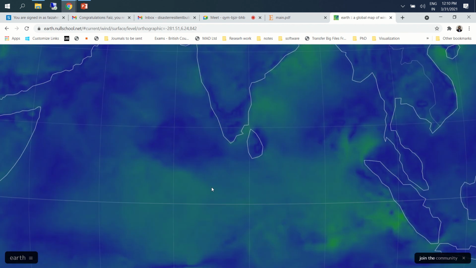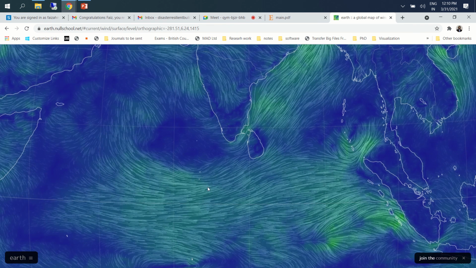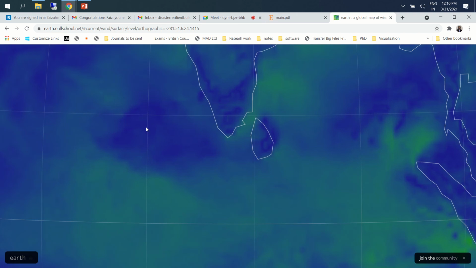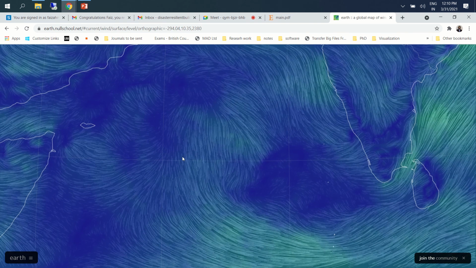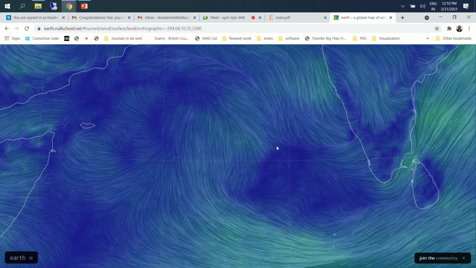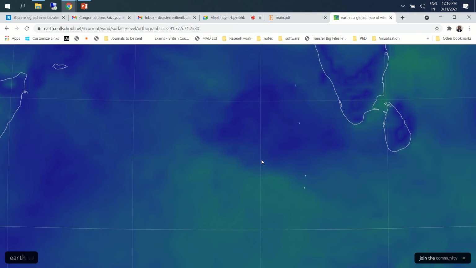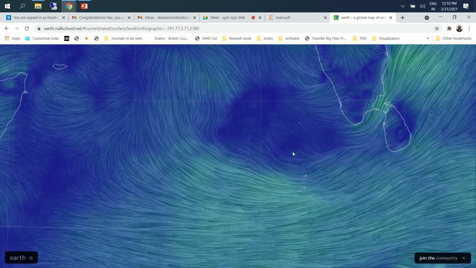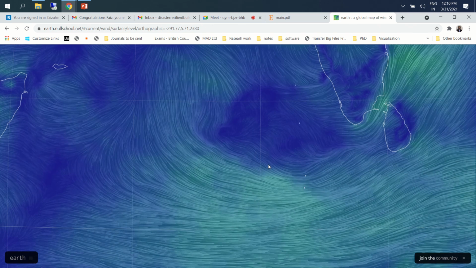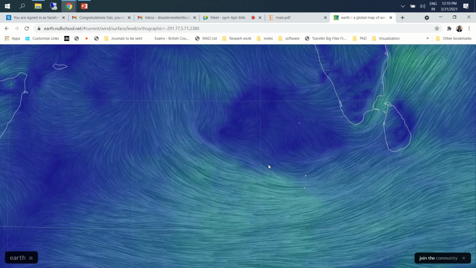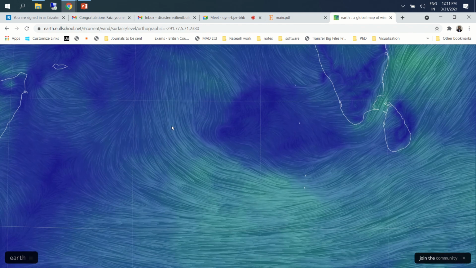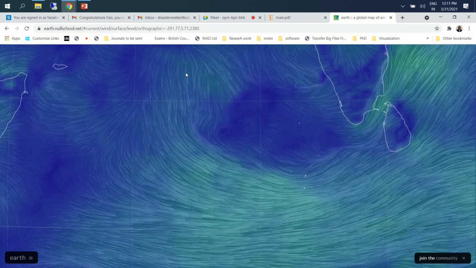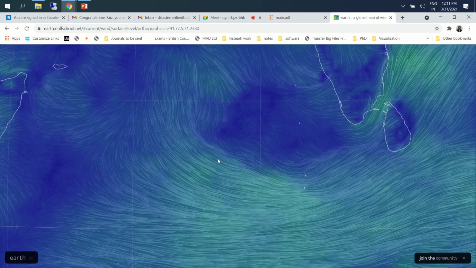We can see that there is some specific pattern of wind moving in a specific direction, but it is not making closed isobars. I hope you understand what an isobar is. We have discussed this. One line, you can understand that there is a line.